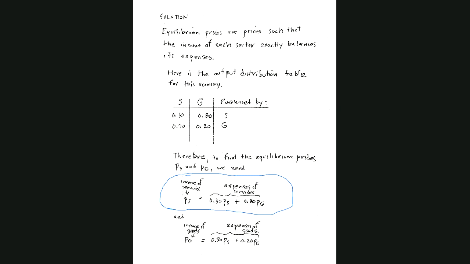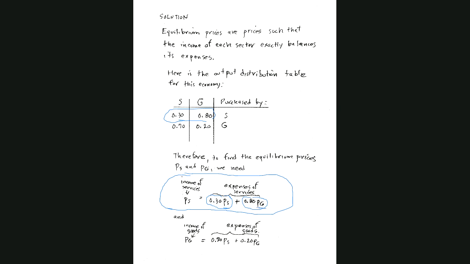Okay, so that means the price for services, based on the first row here, services is purchasing 30% of itself and 80% of the goods. So services is paying for its expenses, which are 30% of the price for services, because price is an expense, plus 80% of the price for goods.